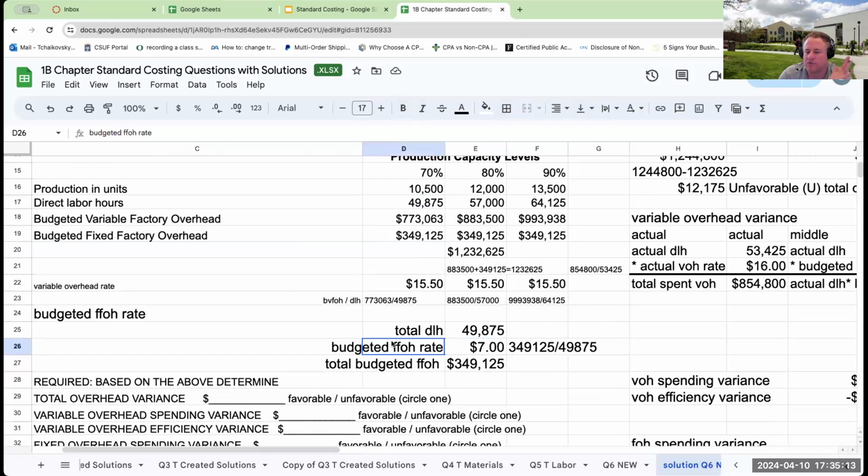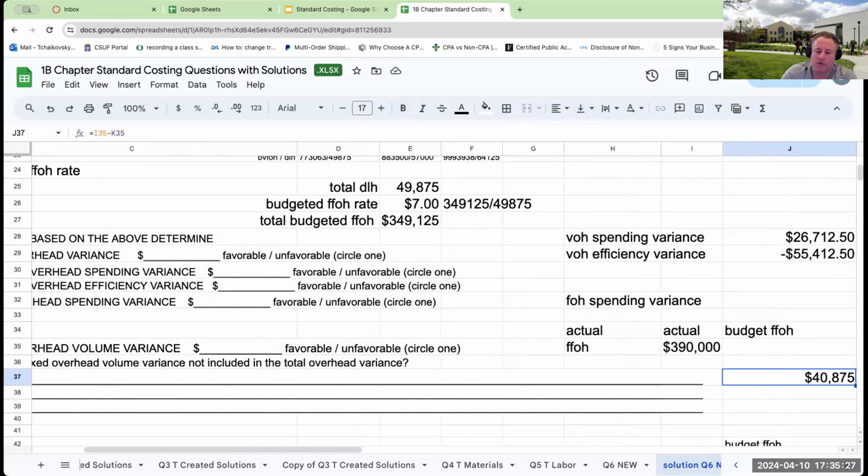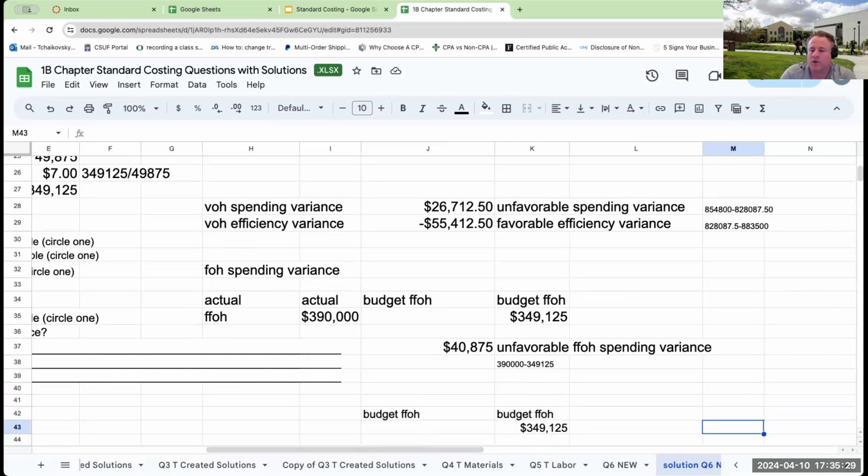So my budgeted fixed factory overhead rate is the total budgeted fixed factory overhead divided by the total direct labor hours, or $7. Okay, so that's how we went through and did this. Now, when we go through and apply the budgeted amount, applied fixed factory overhead.